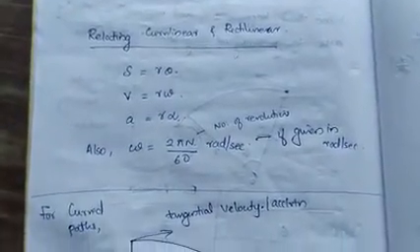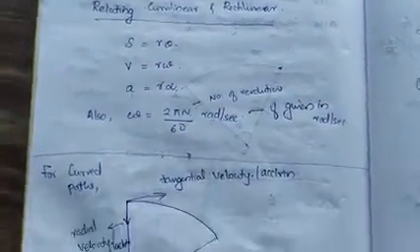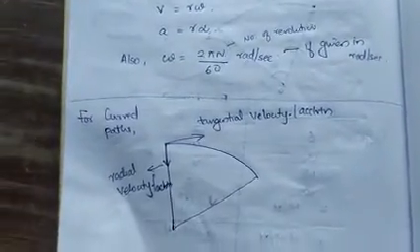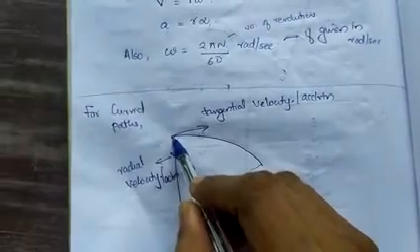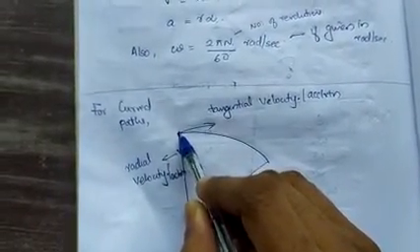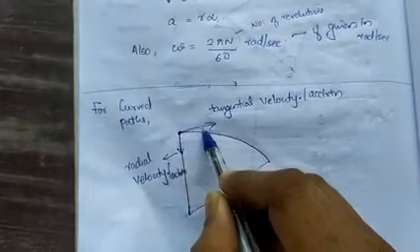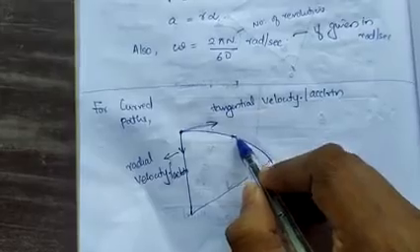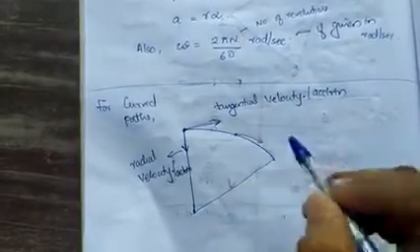Now for a curved path, the velocity always acts tangentially. If you are finding velocity at this point, you need to draw a tangent at this point.